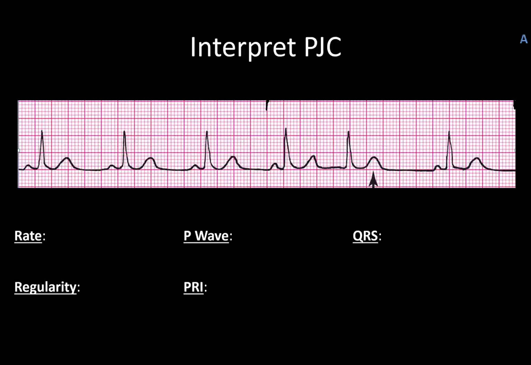All right, take a look at this like we would any other strip. It is 6 seconds long. You've got your beats right here, and we've got 1, 2, 6 beats.